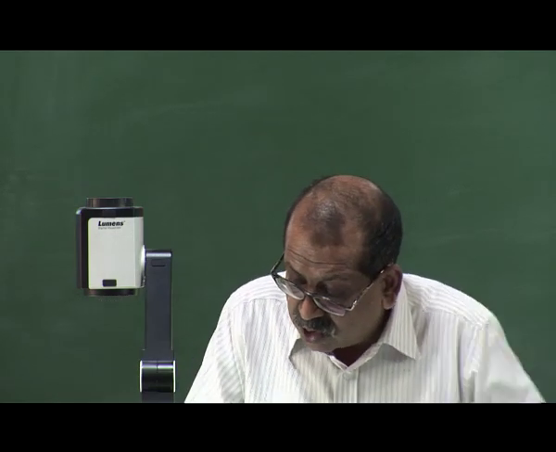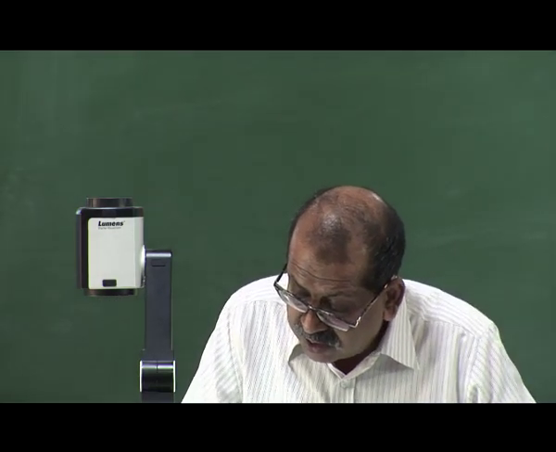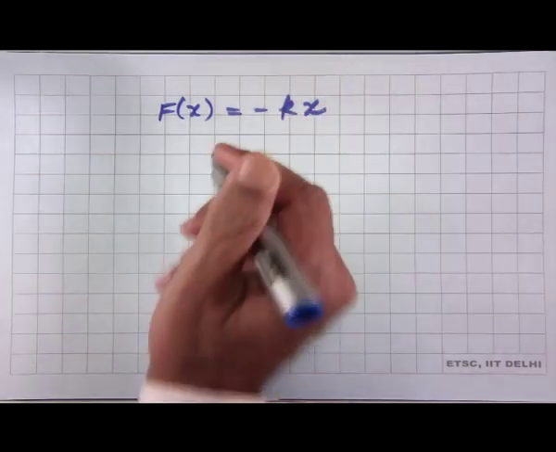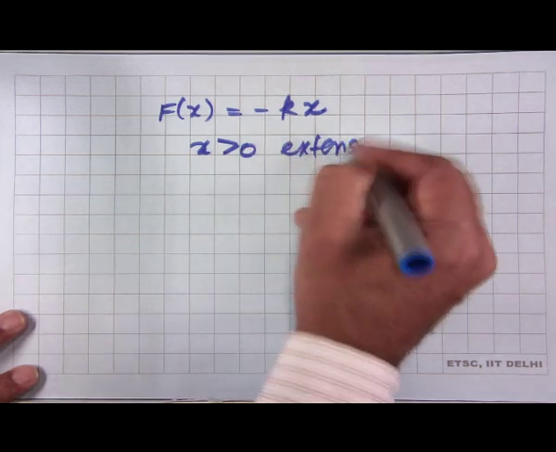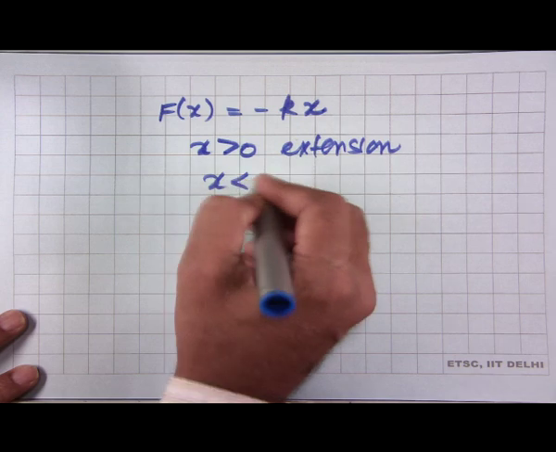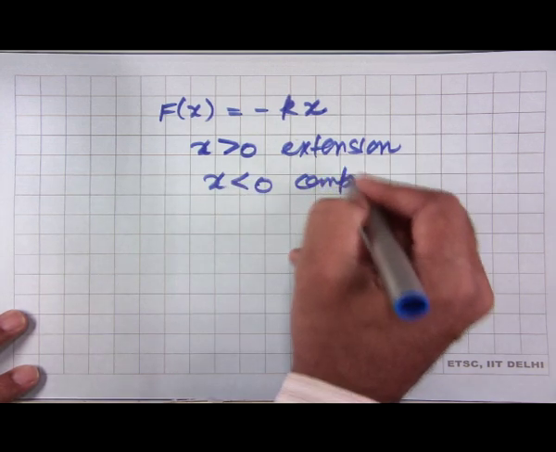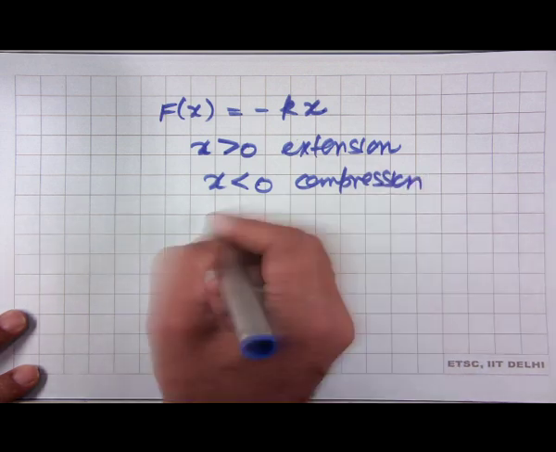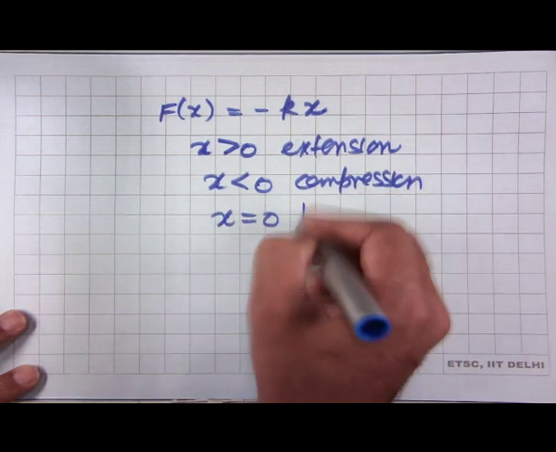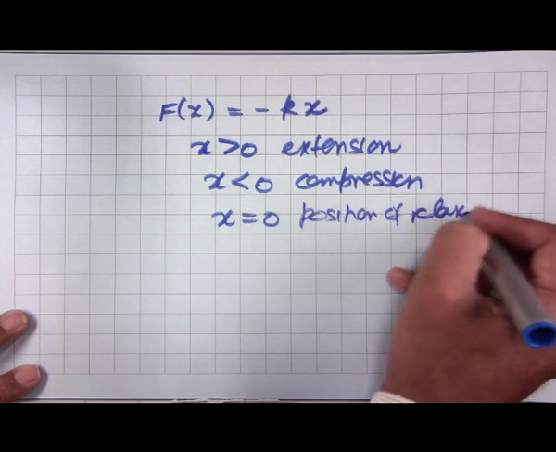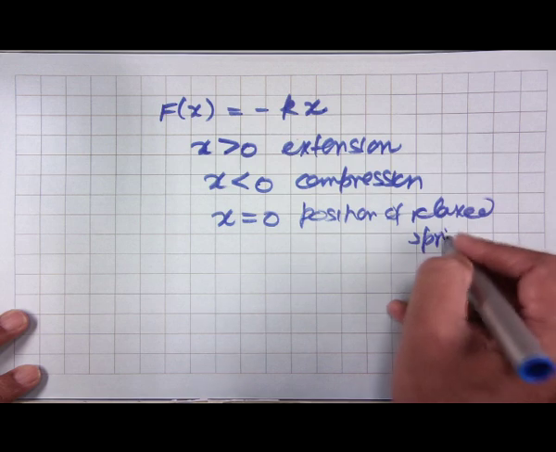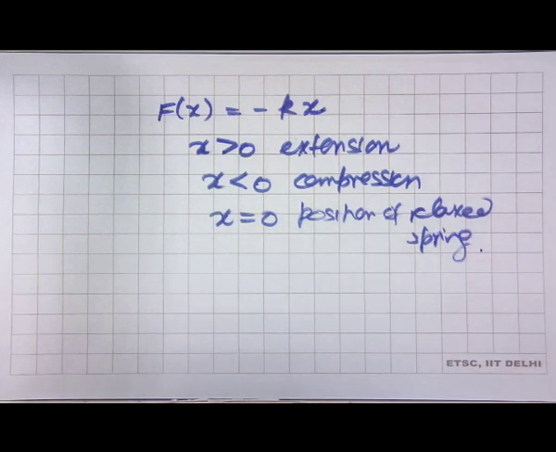So, f of x for a spring is equal to minus kx, where x greater than 0 means extension, x less than 0 is compression, and x is equal to 0 is the position of the relaxed spring, and there is no extension or compression.